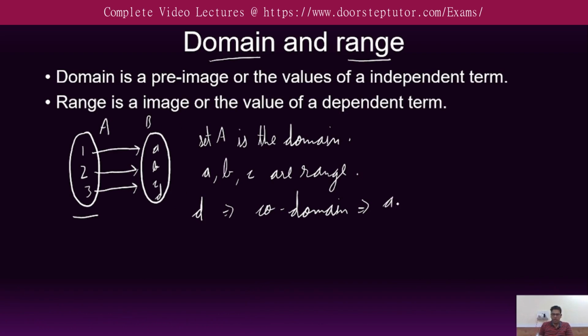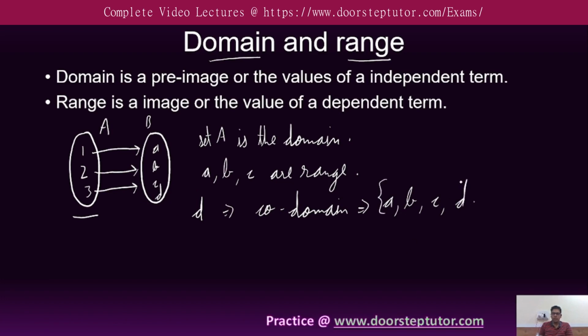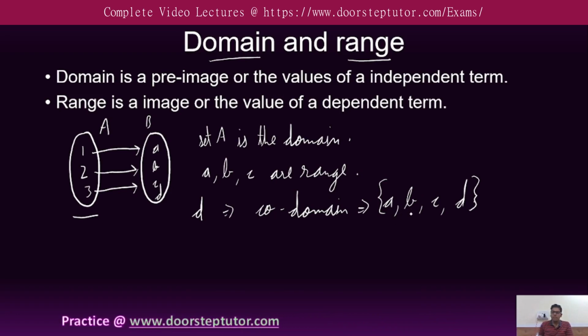It will be A, B, C and D. All 4 of these elements comprise the codomain. The 3 of these elements are known as range, and the set A is known as domain.